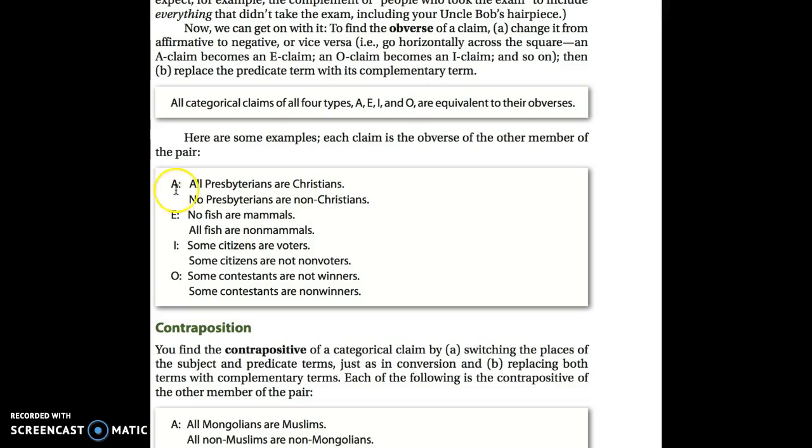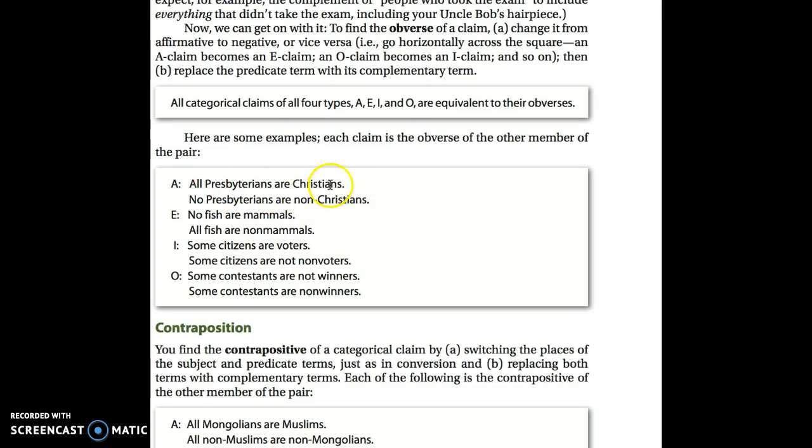Under obversion, I change the A claim to an E claim. So all Presbyterians are Christians becomes no Presbyterians are non-Christians. An E claim, originally no fish are mammals, becomes all fish are non-mammals. So notice, this original claim here becomes an A claim, and then you complement. You put non in front of the predicate.